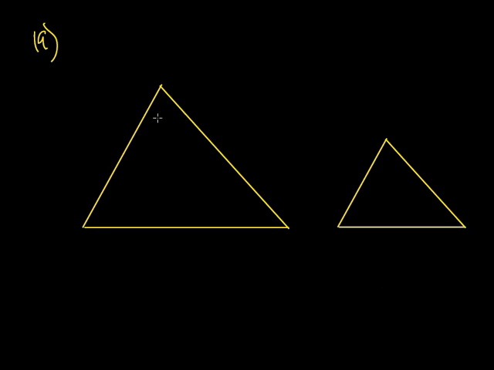And they do this as well. They put that there, and they put that there, and you say that this is equal to this, so this is equal to this. They also tell you that this and this are equal, and this one and this one are equal.